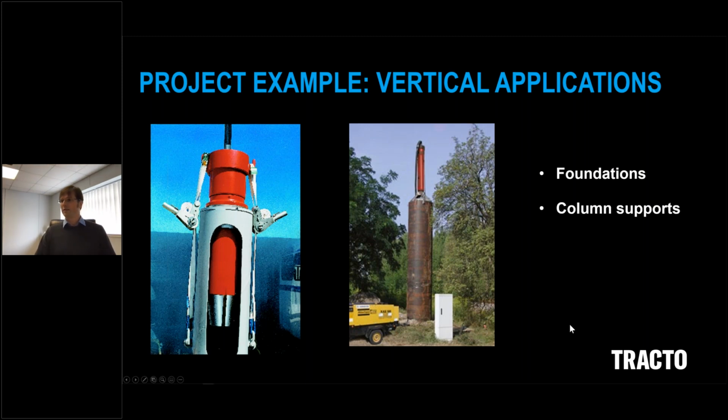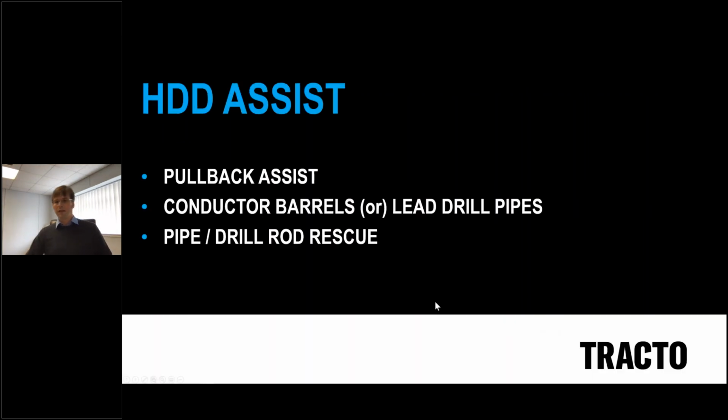So that's the general principle. I wanted to introduce you to some of the lesser known applications of ramming, applications that we often group under the general term of HDD assist. So I would like to take a quick look at pullback assist, the installation of conductor barrels.